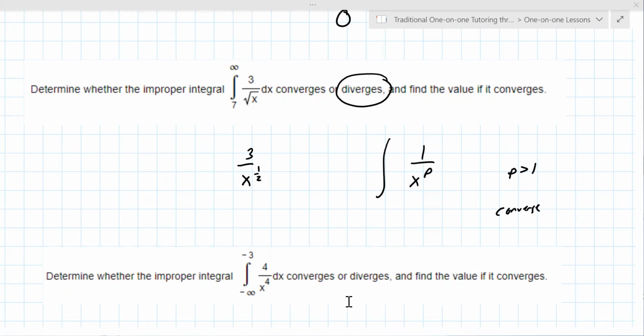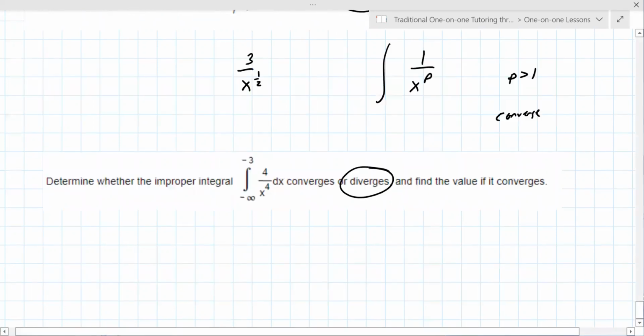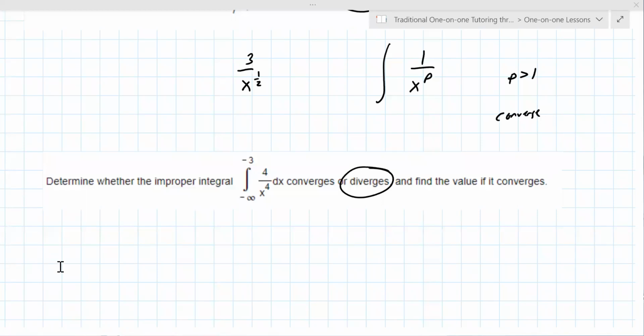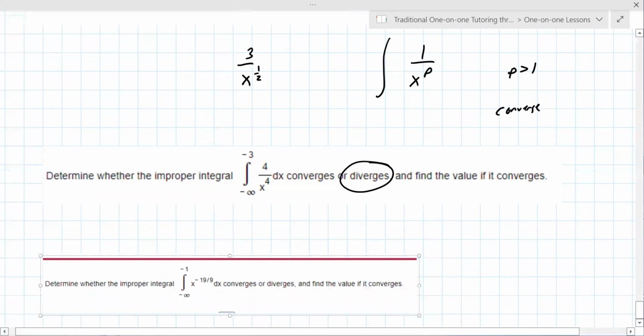And this one also diverges. Okay. This next one also looks to diverge, but I'll just verify that.